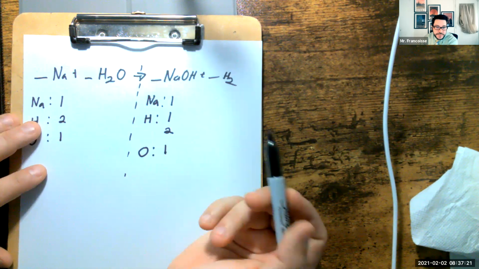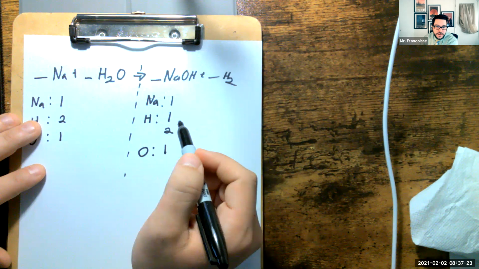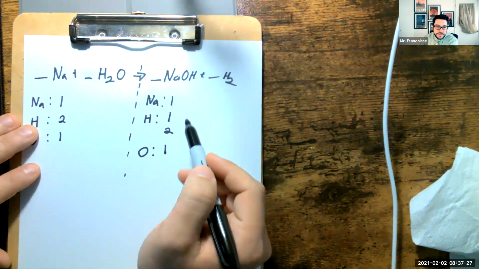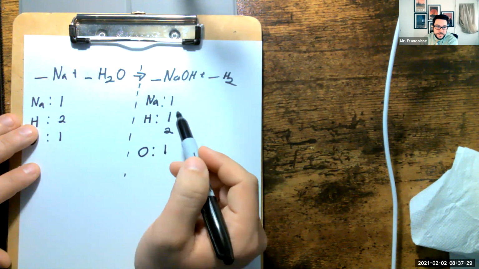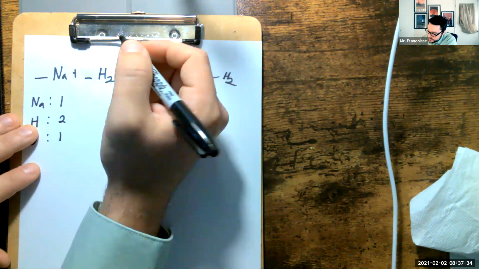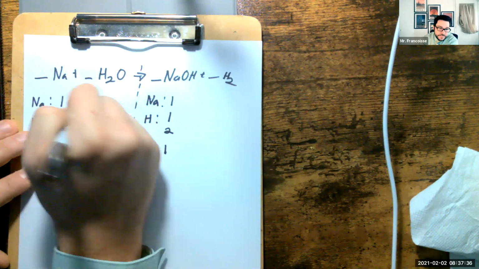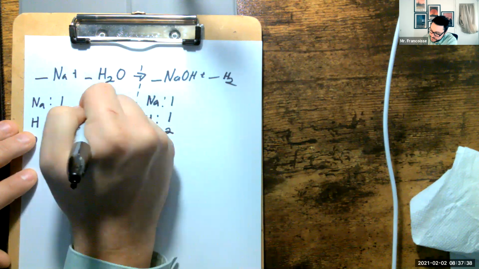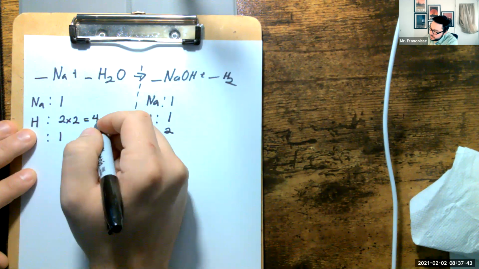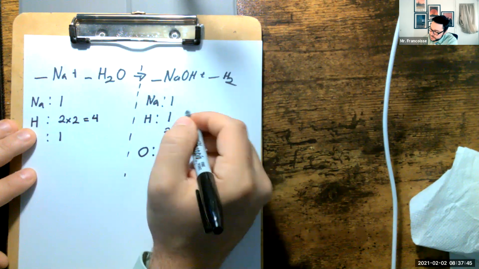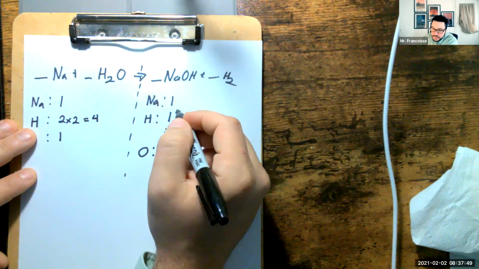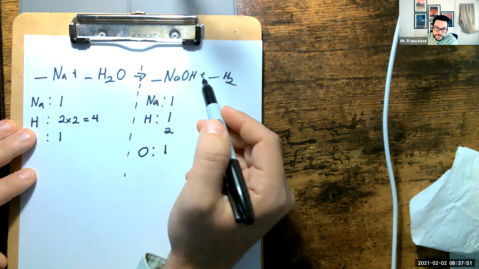So let's try to do something, right? If we can't make this side 3, if we can't make it 2, let's try to make it 1 bigger. So let's try multiplying this by 2. If we multiply this by 2, we would get 4. And then we can make this side 4 too if we multiply this here by 2.